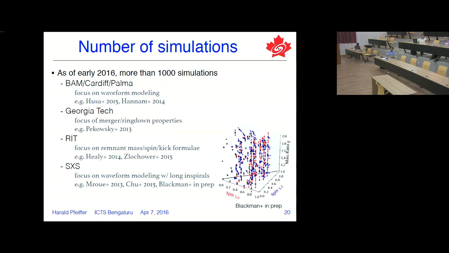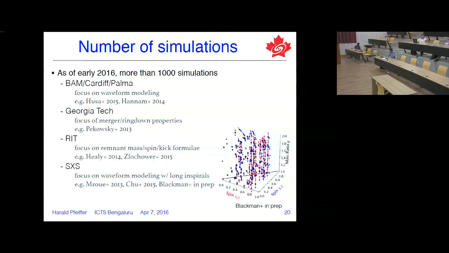The BAM code, primarily run these days by Cardiff and Palma, focuses on waveform modeling. Georgia Tech focuses on merger waveforms and ringdown properties of the waveforms, how ringdown modes are coupling, and still convey information about the individual black holes that have been merging.